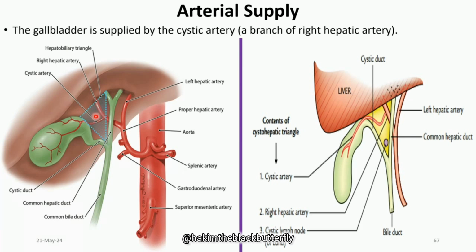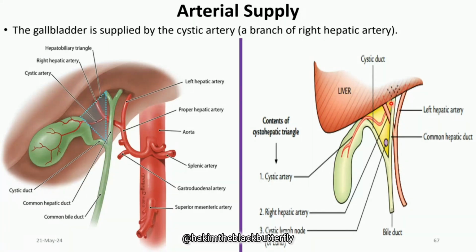And this cystic artery is going to go through a triangular zone that you can call the cystohepatic triangle, as you can see, to reach the gallbladder.